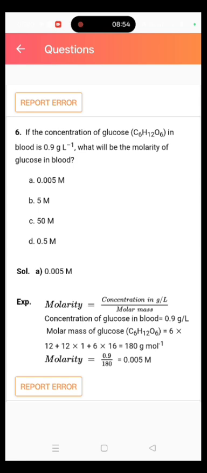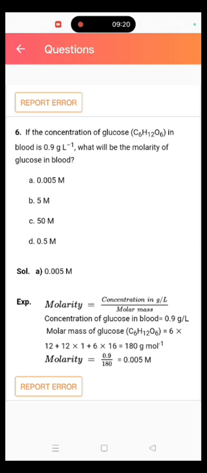And they have given concentration in gram per liter. So what is concentration in gram per liter? That is mass of the solute divided by volume of solution, isn't it? So if we need to calculate number of moles, it will be mass by molar mass.